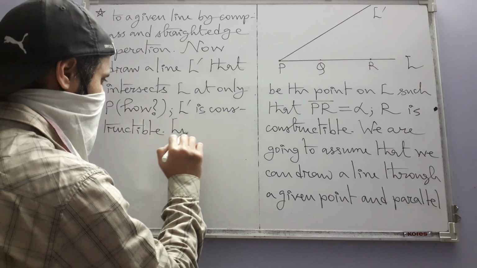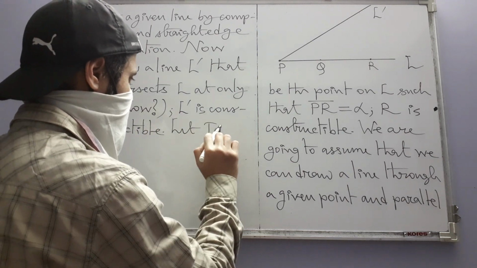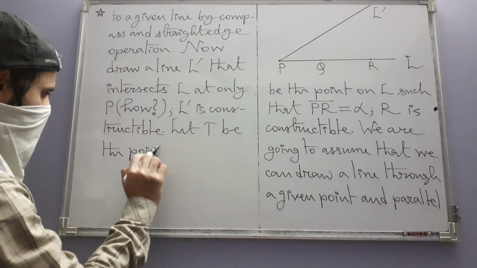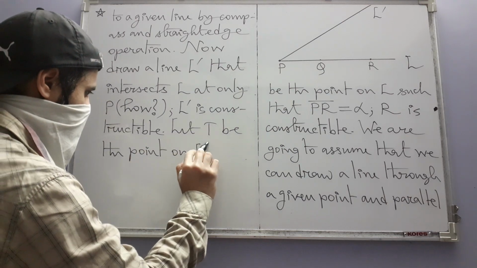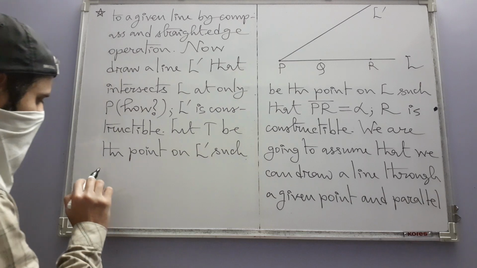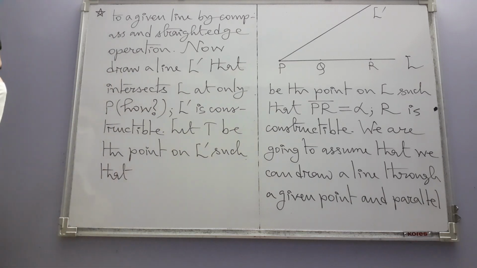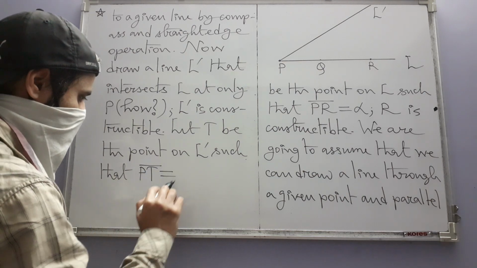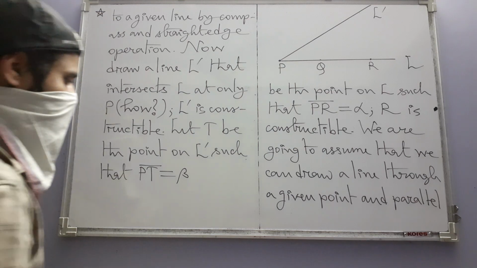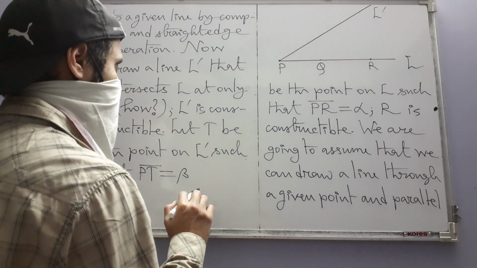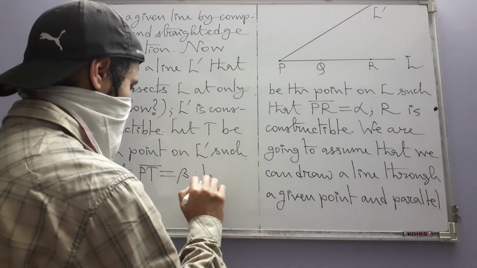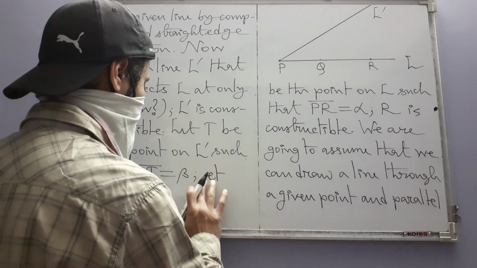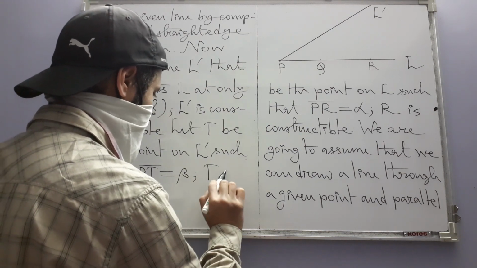Let T be the point on L prime such that the length of the line segment PT is beta. Then T will be constructible.